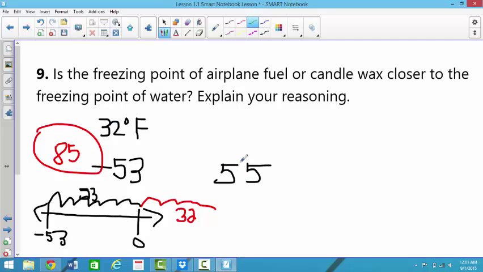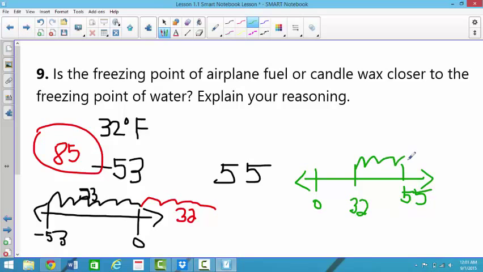32 degrees Fahrenheit and 55, if you think of your number line, here's 0, here's 32, here's 55. So you just have to get from here to here. So it's 55 minus 32.